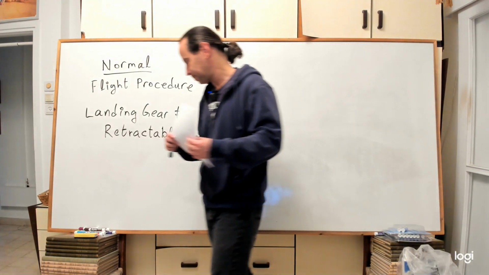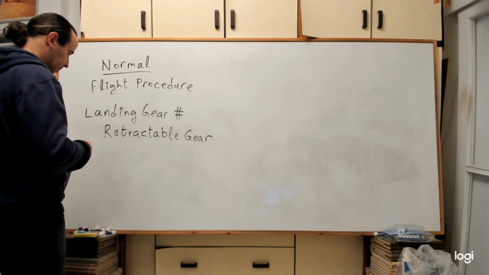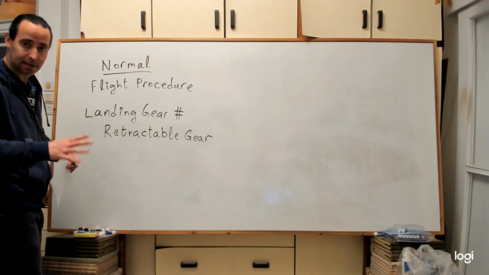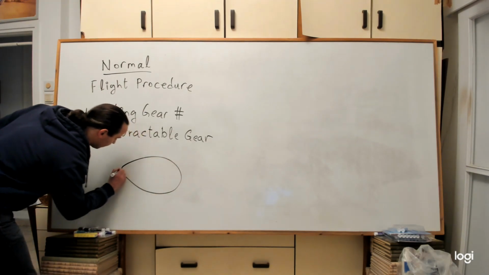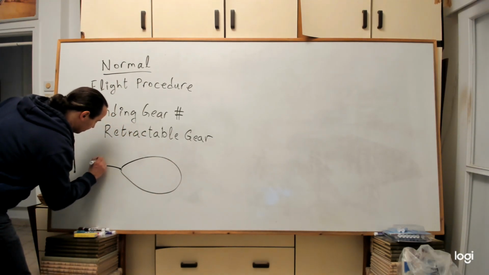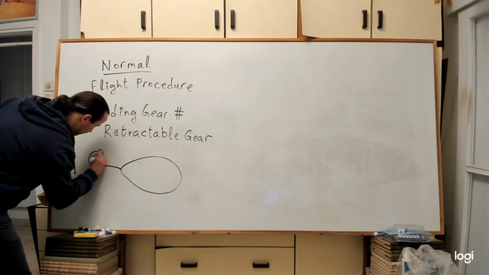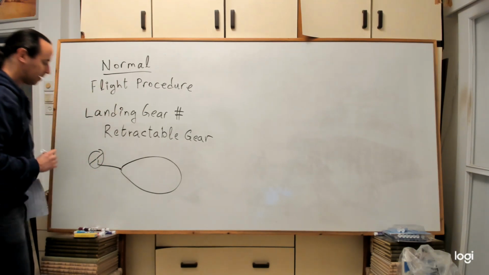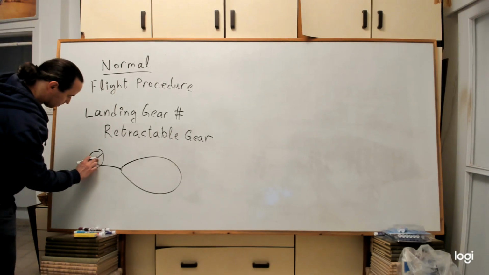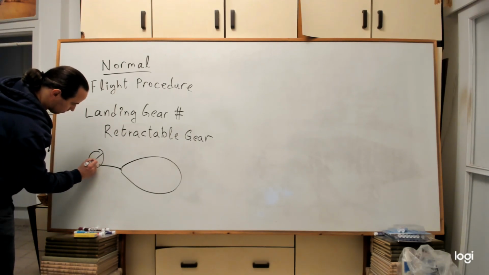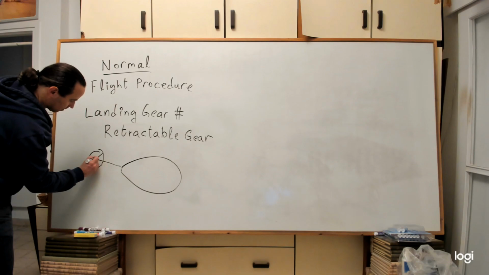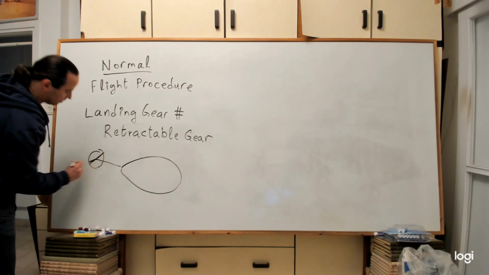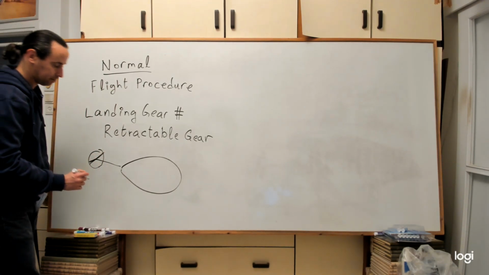Let's draw this a little bigger. We have the helicopter, we have the tail, this is the tail rotor, and we have the wheels.